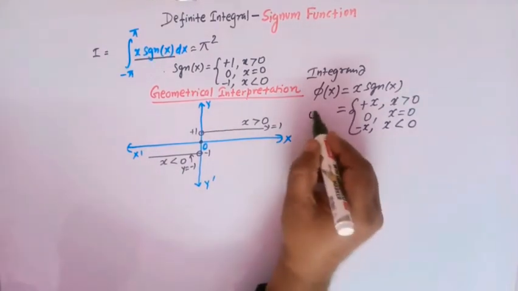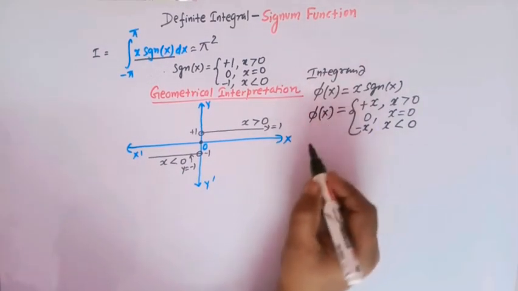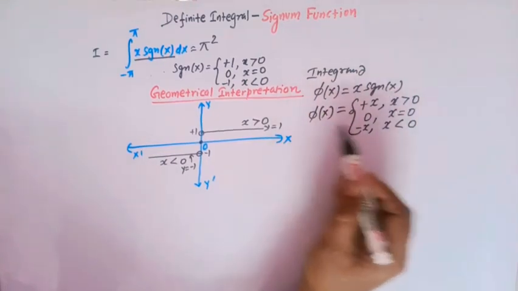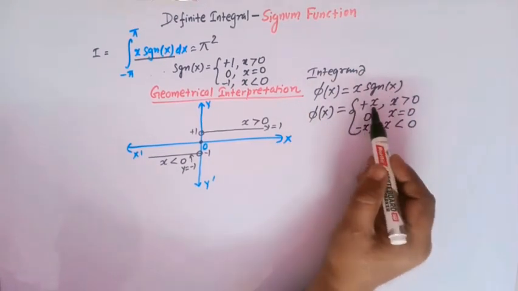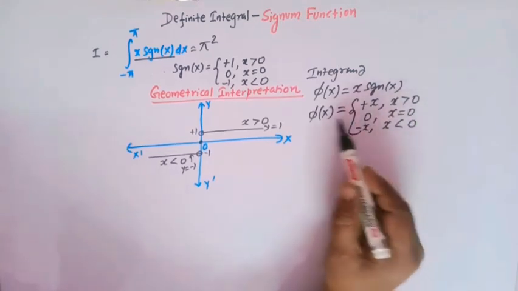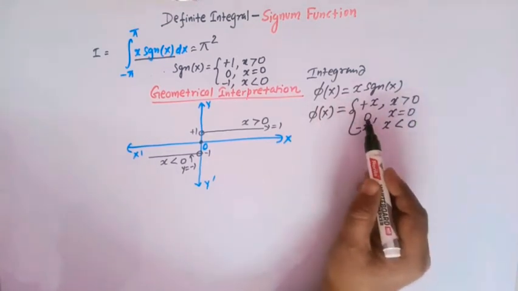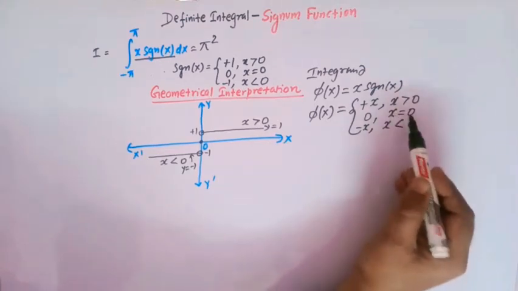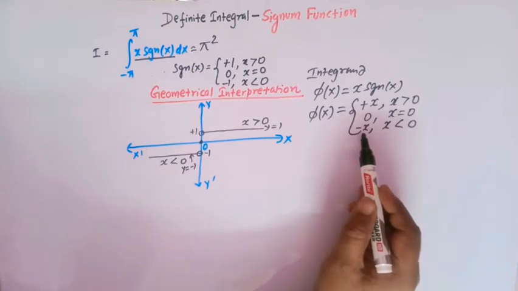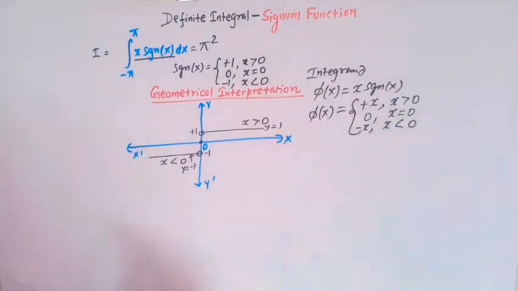So the integrand x times signum of x is phi of x, and it is given by positive x whenever x is greater than 0, phi of x is equal to 0 when x is equal to 0, and phi of x is equal to minus x when x is less than 0, right?